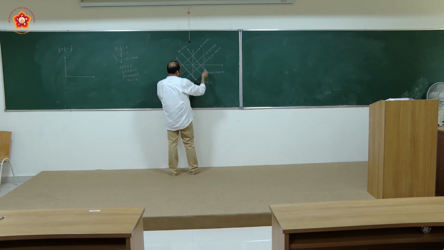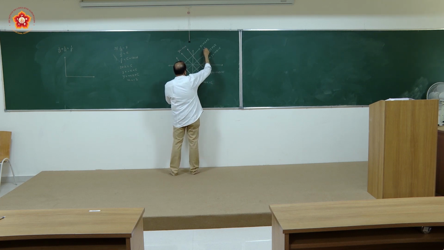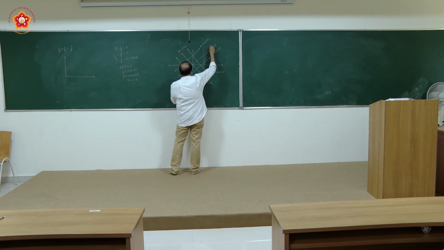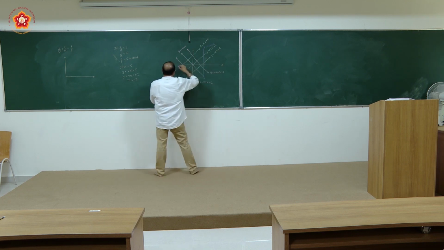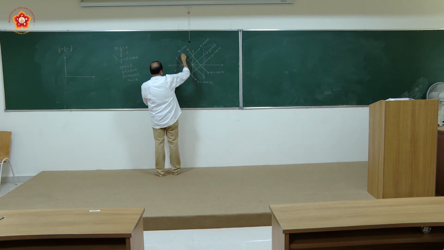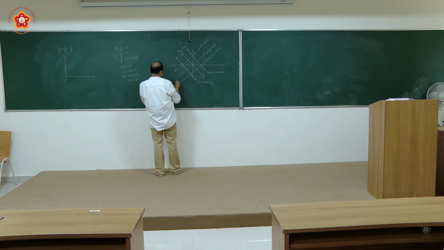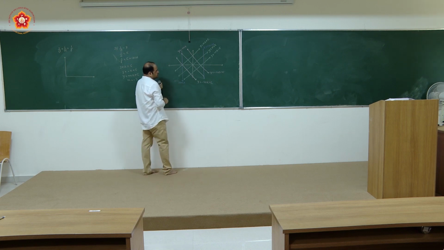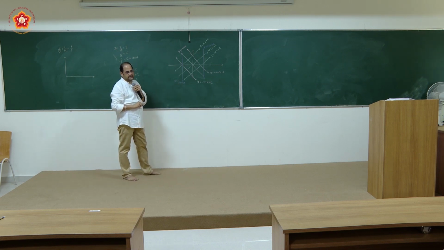This is representing the value of x is equal to constant, positive constant. There will be another graph with this part that is representing x is equal to minus of constant, because the value of x is remaining constant, y is changing here.